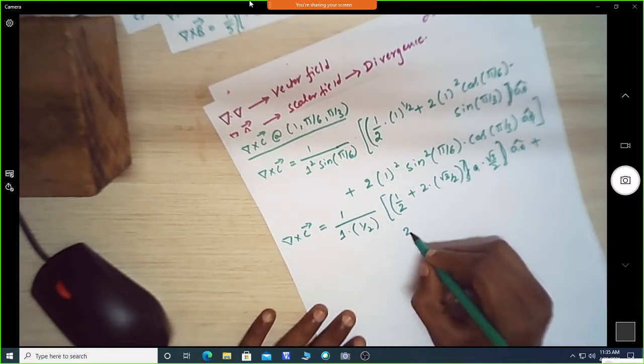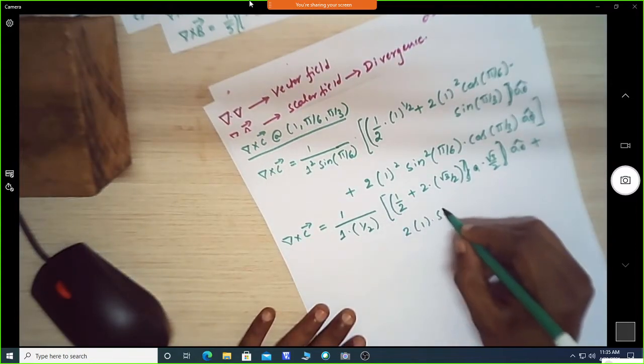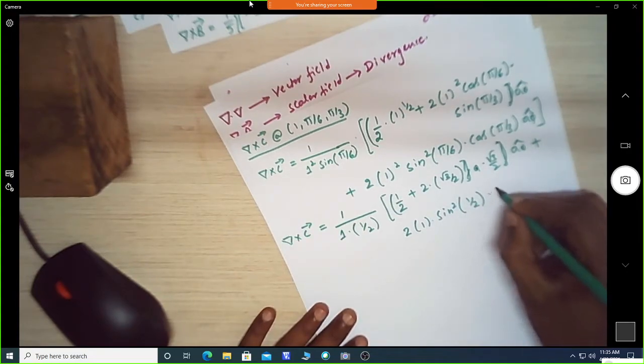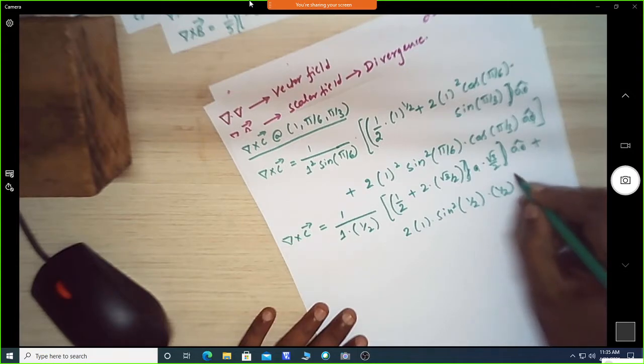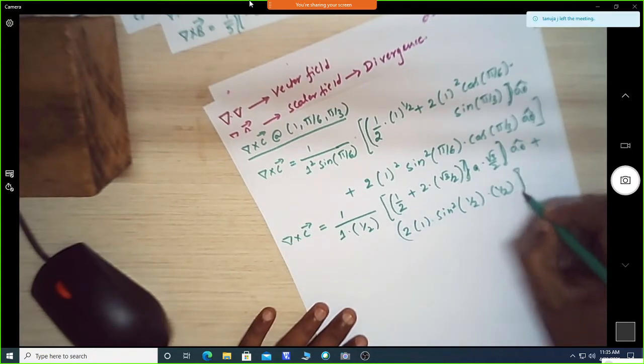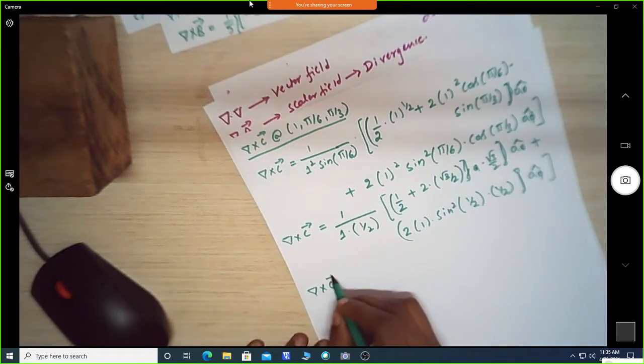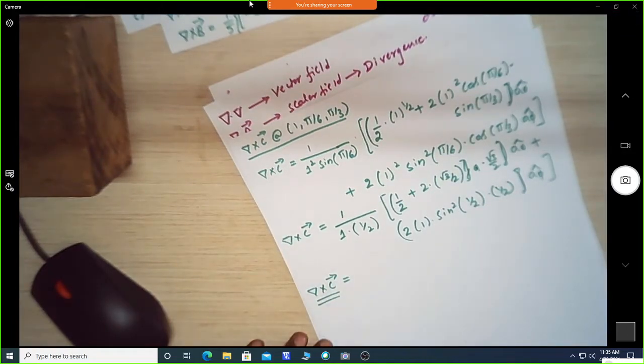Plus 2 into 1 into sin square of pi by 6, half, into cos pi by 3, half, in the direction of a phi. So finally you find out the value.